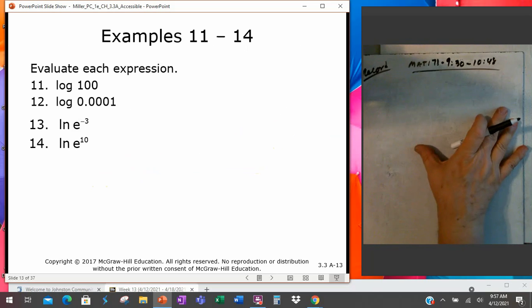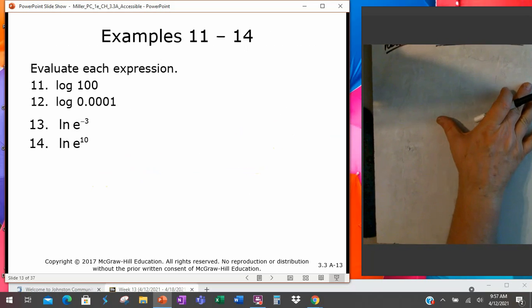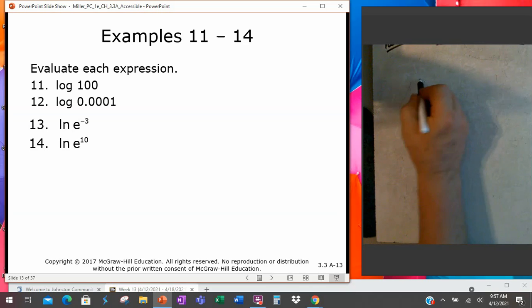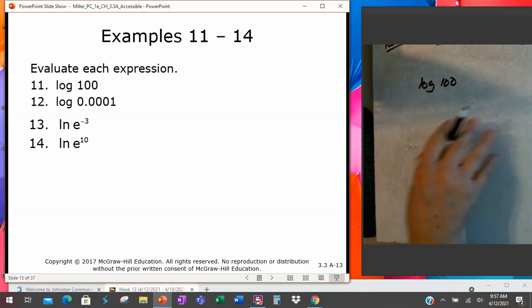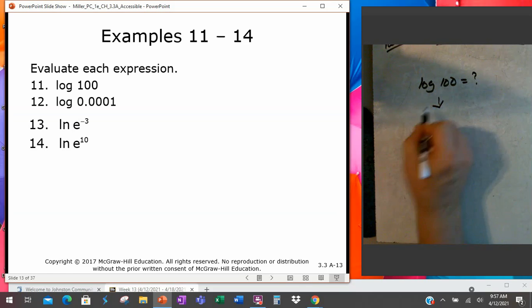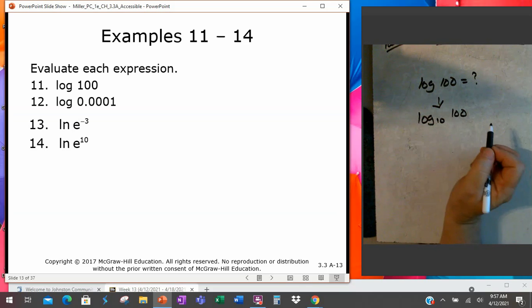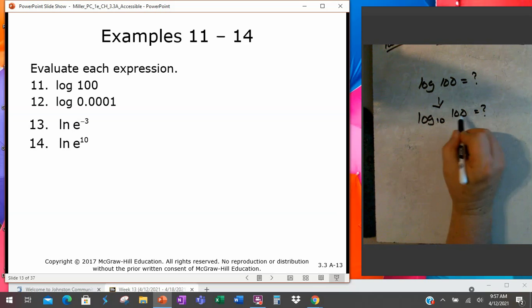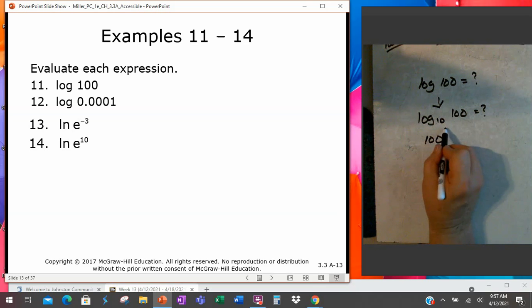Okay, so some of these we can still do without going to the calculator. Most of them you will not, but these are special cases where it'll be just like regular numbers. So what is the log of 100? I have to recognize first that this means log base 10 of 100. And that means 10 to what number is equal to 100?